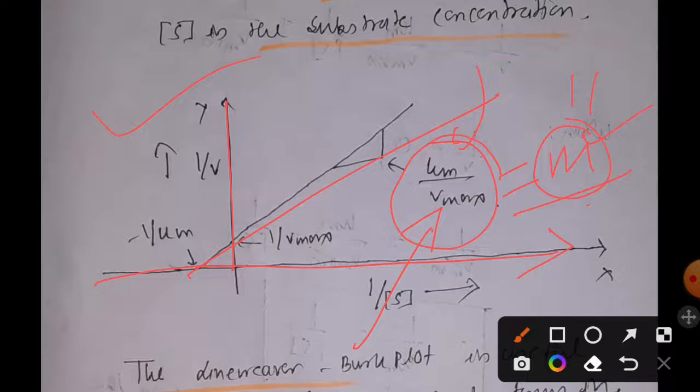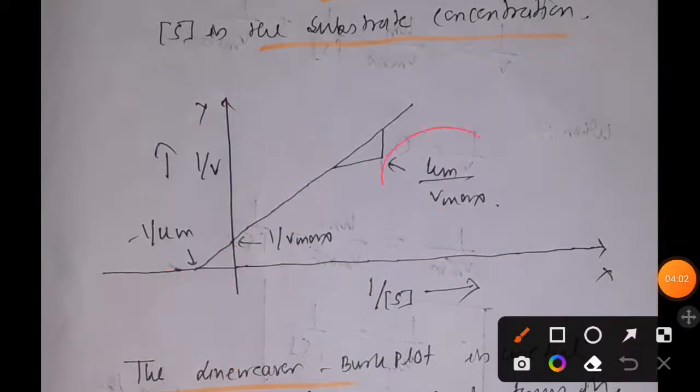Similarly, they can give you the value of the y intercept and ask what Vmax will be. So please remember that this one is your slope, and this one is the intercept of y, which is the inverse of Vmax. The intercept of x will be the inverse of minus Km.